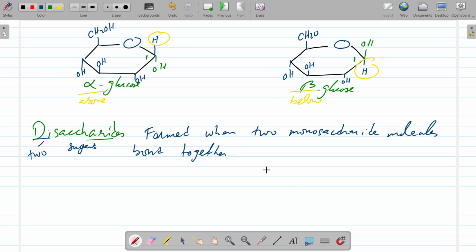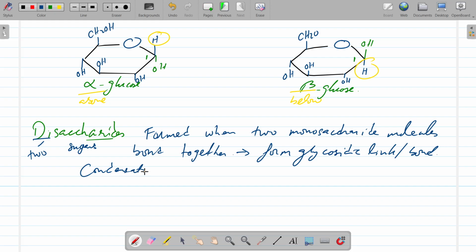Now, what happens is, when they bond, they form what is called a glycosidic link, a glycosidic bond. And the process is a condensation reaction, something that we have come across earlier.